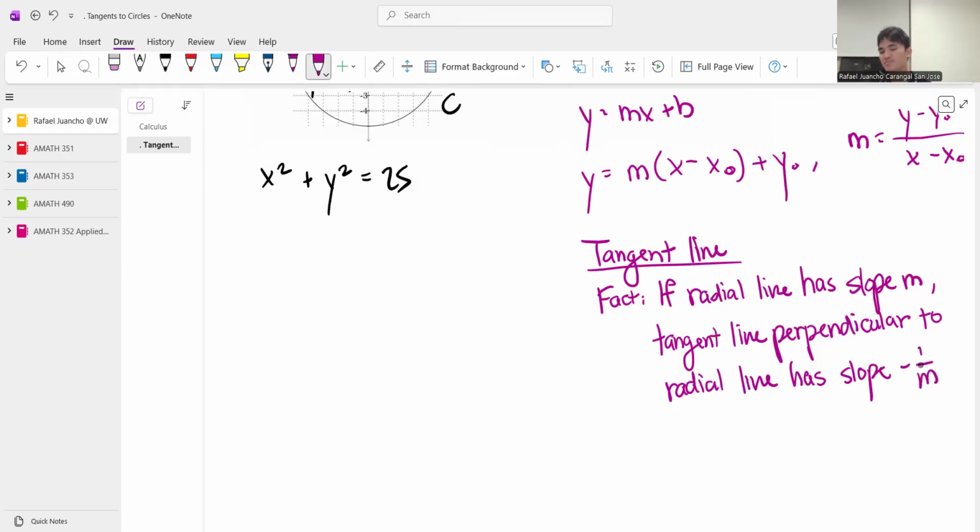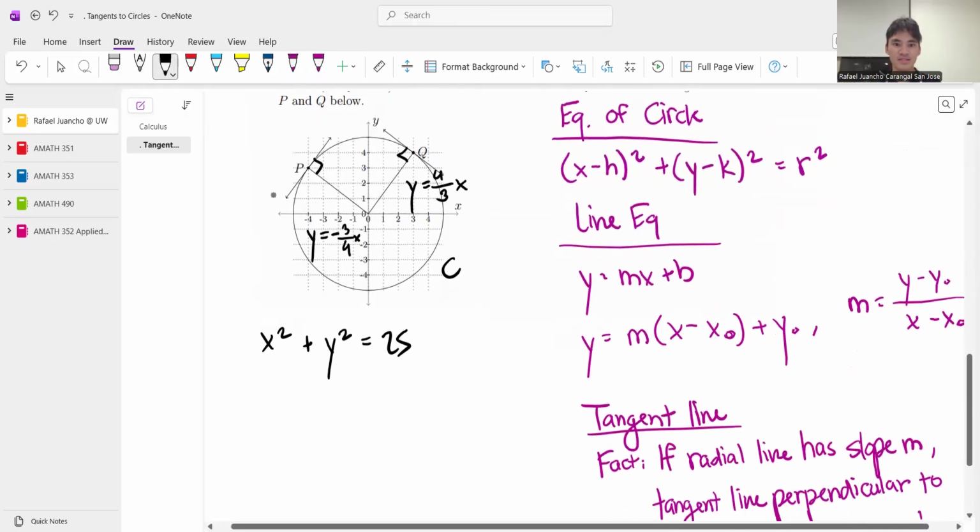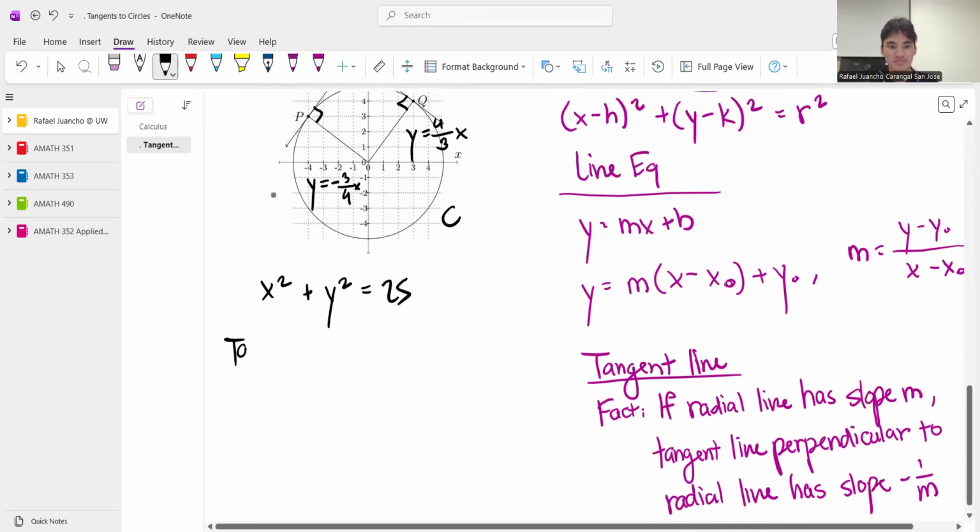In other words, we probably heard the term negative reciprocal, right?